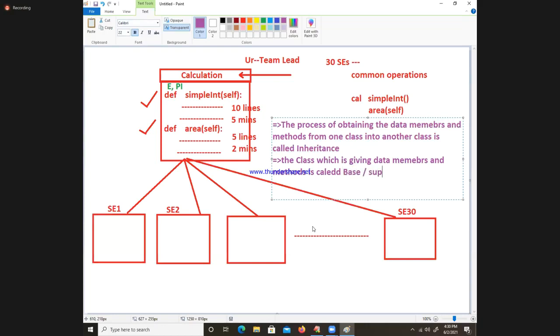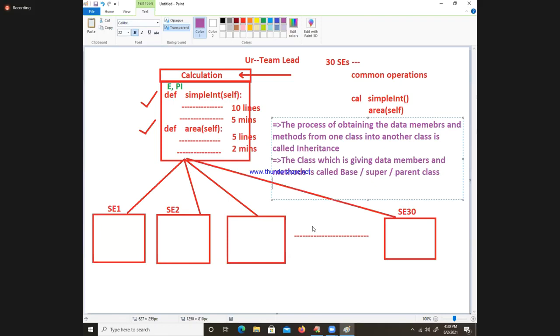I won't write parent class, because that is a loosely termed word. Are you understanding? The class which is giving the data members and methods is called what? Base or super class. Okay.